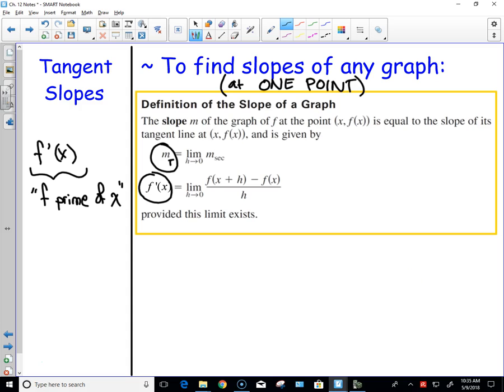You use the apostrophe as a symbol, but we're going to say f prime. It's not f to the 1, it's a little apostrophe. F prime of x is the special notation for the slope of the tangent. And it's found by taking the limit of the difference quotient that you guys saw last section.